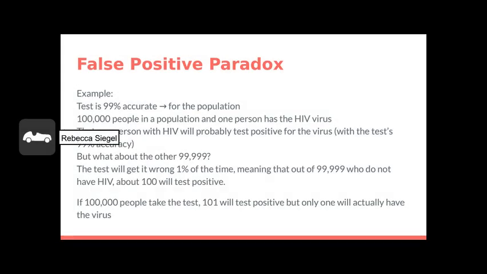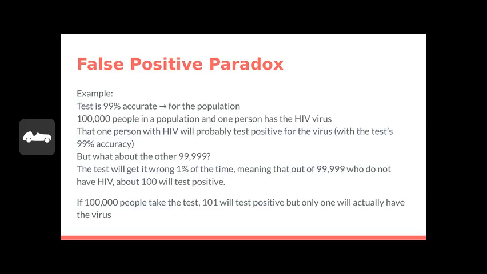So this leads to the false positive paradox. What this means is first you have a test, let's say it's 99% accurate for the population. If 100,000 people are in a population, then one person will have HIV from this test. That one person with HIV will probably test positive for the virus because the test has 99% accuracy.